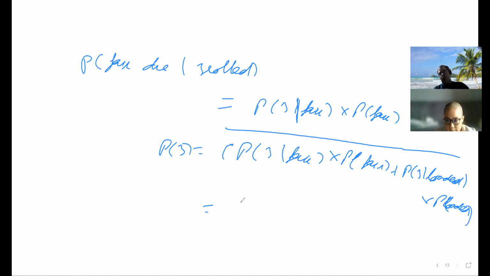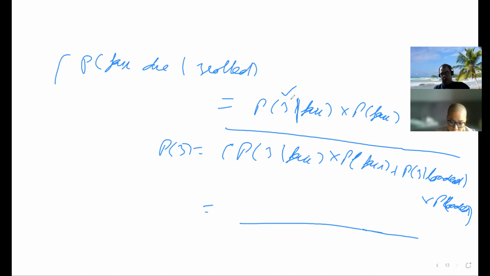Suppose you won't do all the steps, you can just directly find the answer through this formula. For example, the numerator is P3 given fair, which is 0.166.